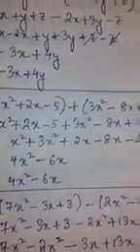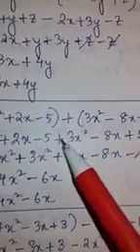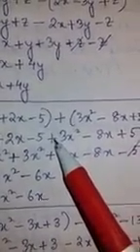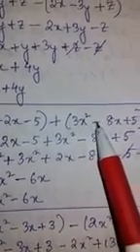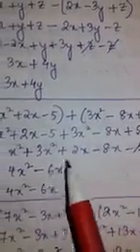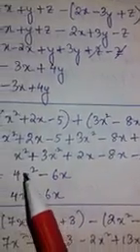Next, number G. Here both the expressions are given inside the bracket. You will have to open the bracket. After opening the bracket, you have a plus sign before the bracket. So the signs of the terms present inside the bracket will remain the same as you have a plus sign before the bracket.